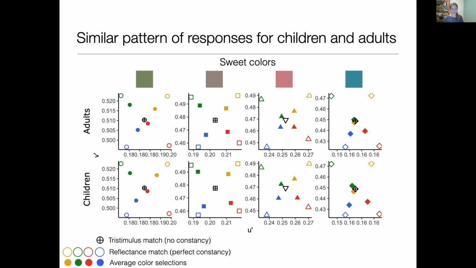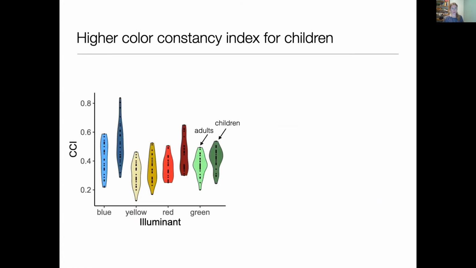Next I'm going to show you the color constancy indices, which we calculated from the distance between the average color selection and the perfect constancy match. I'm plotting constancy index here on the y-axis and the different illuminations on the x-axis. The lighter colored bars are for adults and the darker colored bars are for children.